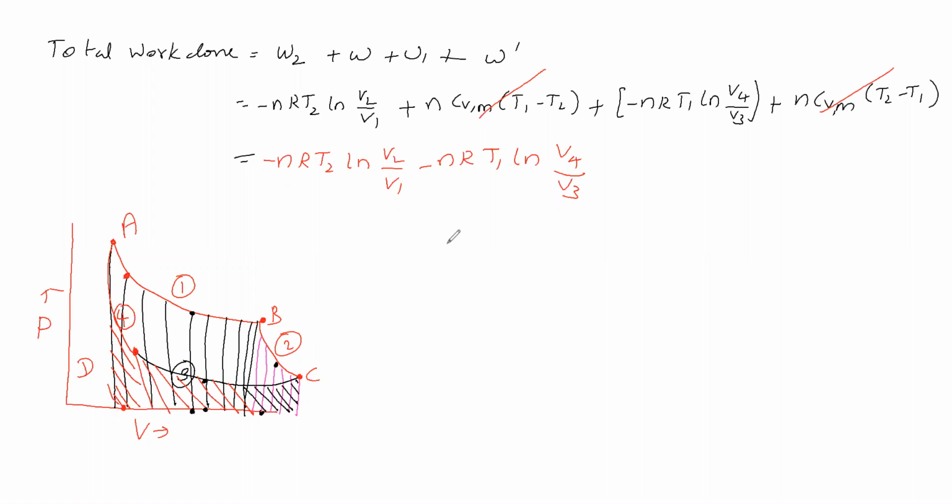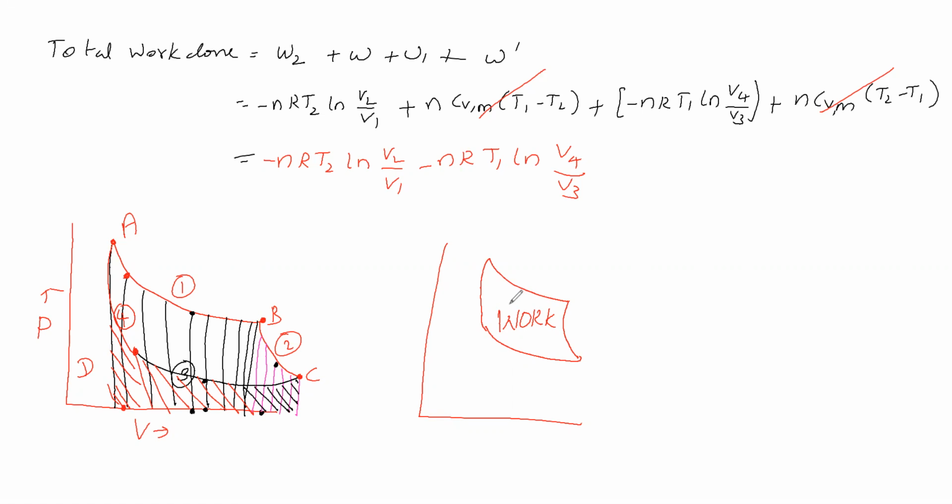So what is the net work done? We'll see now. Now it is first step curve, second step curve, third step curve, next fourth step curve. Now what is the net work done? This is the net work done. Enclosed area is called net work done.